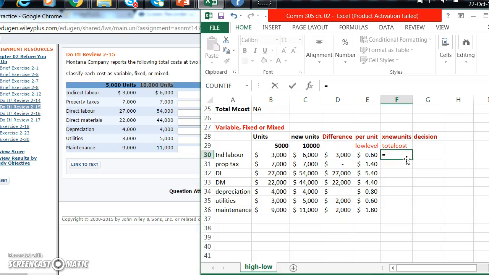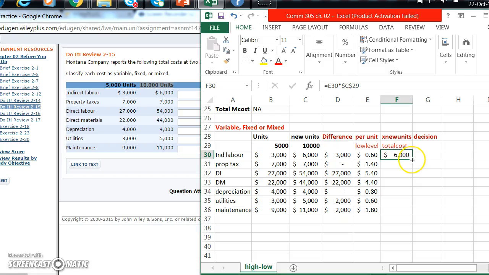We just plug equals, and then we multiply this number times 10,000 units. But again, we have to be careful to multiply each of these numbers in this column, the cost per unit, by 10,000. So we fix that number by pressing the key F4, and then we press enter.